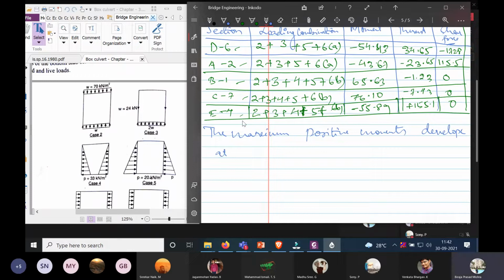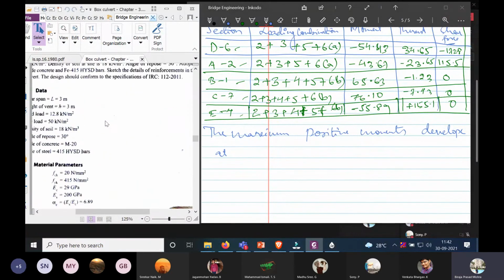In which section we have the maximum positive moment? You can see here, I'm showing the section.